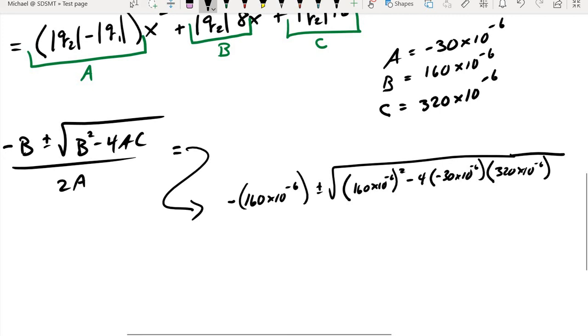And again, we can't have any imaginary solutions, but that doesn't look like it's going to be a problem because everything underneath that root is going to come out to be a positive. Then we need to divide by 2 times the value of a.